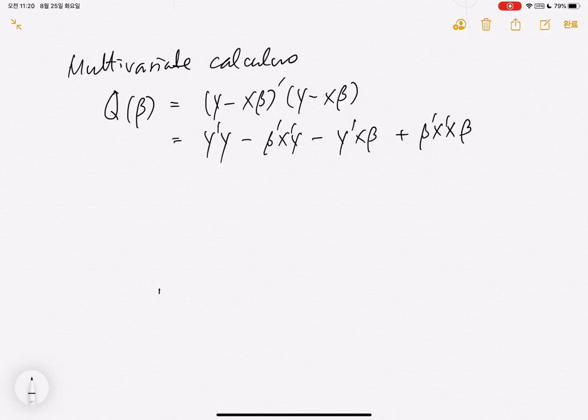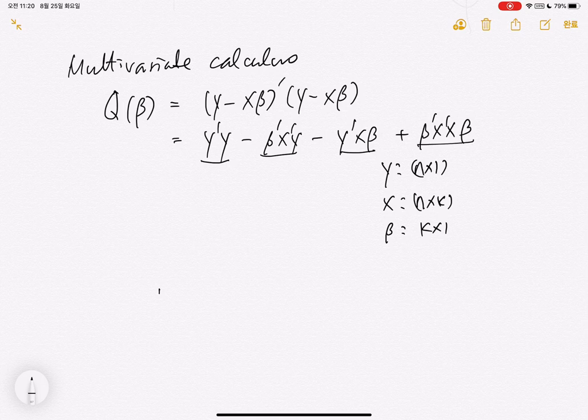So y here is an n by 1 vector, x here is an n by k dimensional matrix, and beta here is a k by 1 vector. So what you can see here is this is a scalar, this is a scalar, this is a scalar, this is a scalar. So our Q function maps our K space to R. Okay.